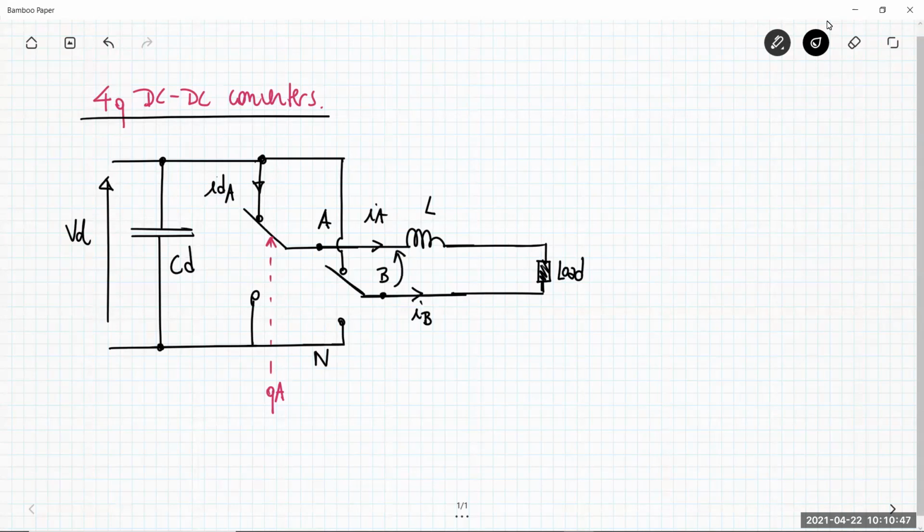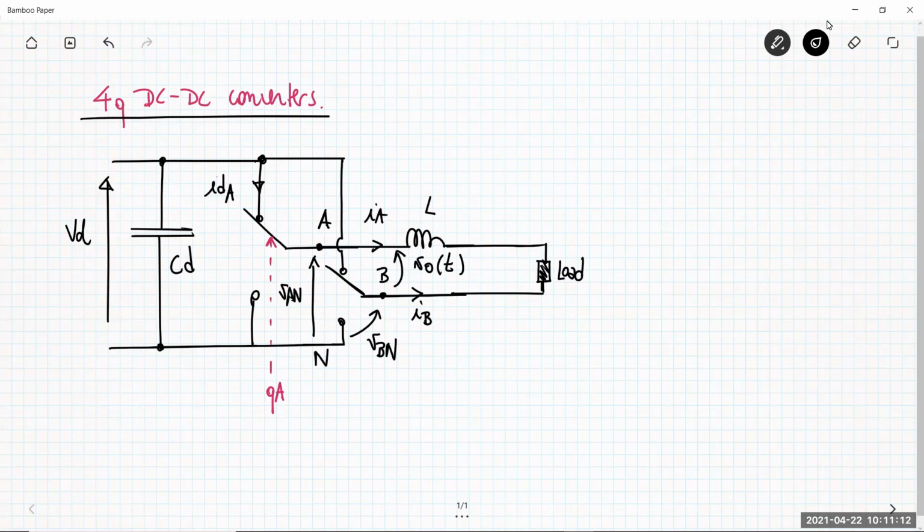The voltage between the node A and B is called V0. The node A with respect to N is the standard VAN, already analyzed for the two-quadrant converter. Then we have also VBN.